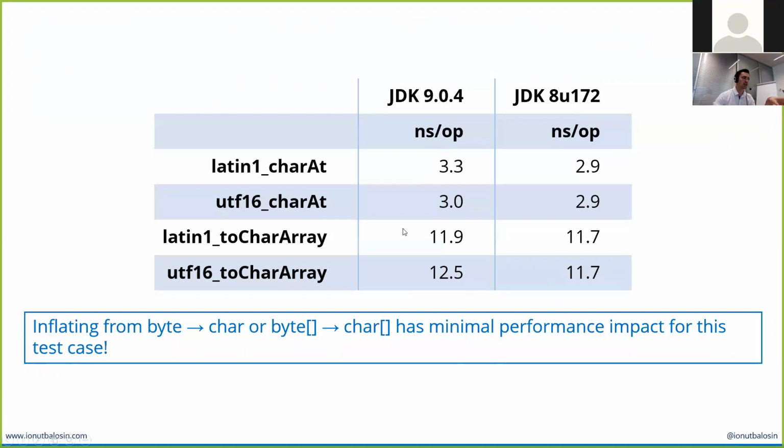And also for Latin 1 and UTF-16, for toCharArray, the performance is not very different. It's marginal, I would say, which leads me to the conclusion that inflating from one byte to one char, or from a byte array to a char array, has minimal performance impact from JDK 8 to JDK 9.